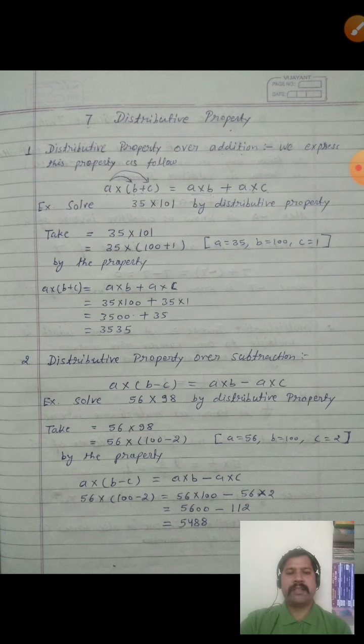By this property, substitute the values of a, b, and c. After that, we simplify the given expression, and finally we get the answer 5488. Okay, so we can simplify expressions easily using distributive property.